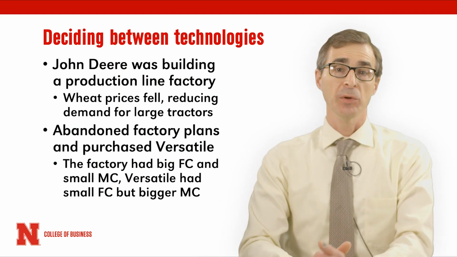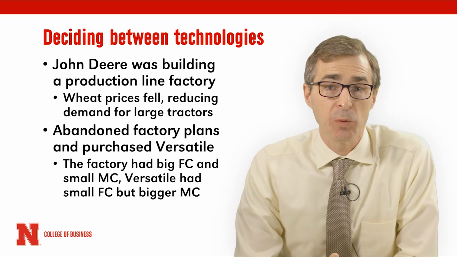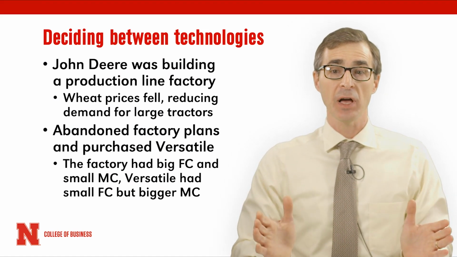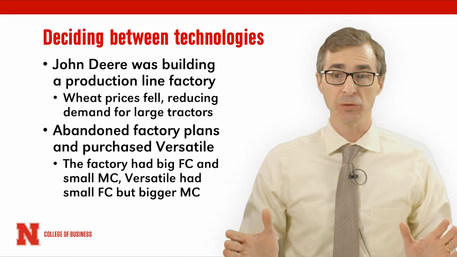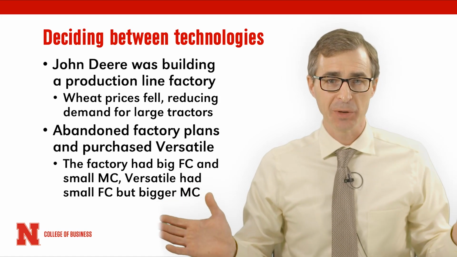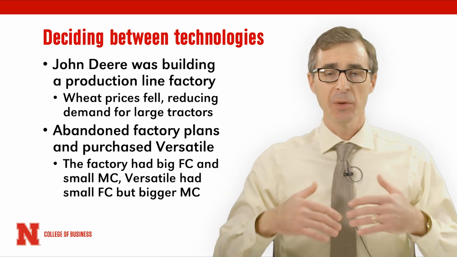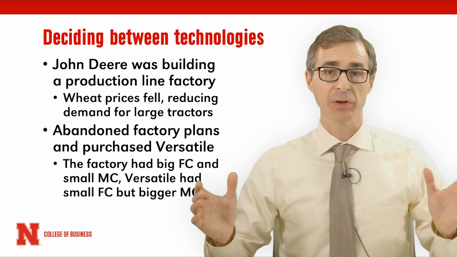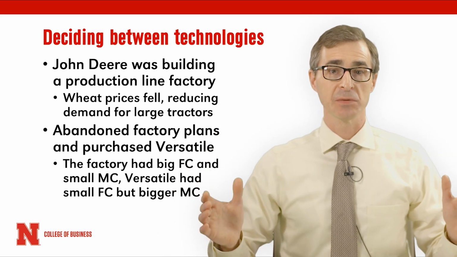A second example is a 1983 example when John Deere was in the midst of building really a Henry Ford-style production line factory for large four-wheel drive tractors. If you think back to the 1980s, there was a dramatic reduction in prices of many commodities.